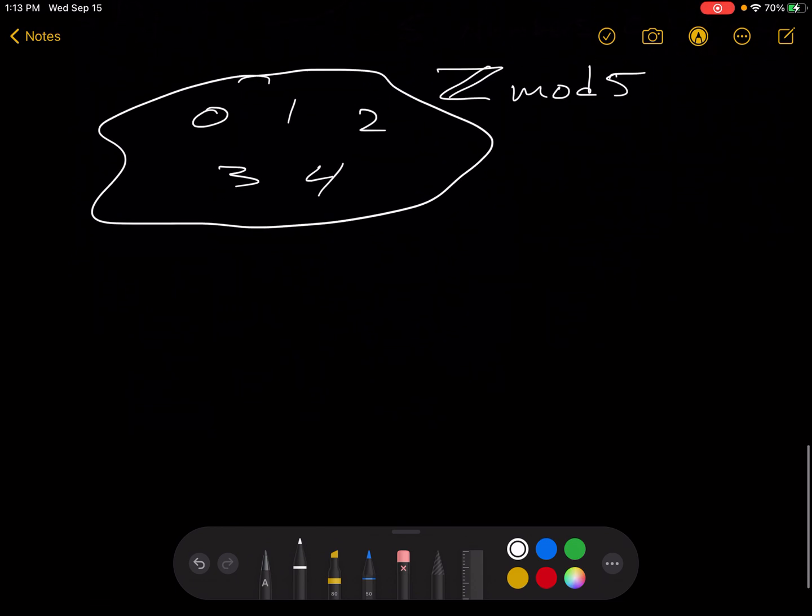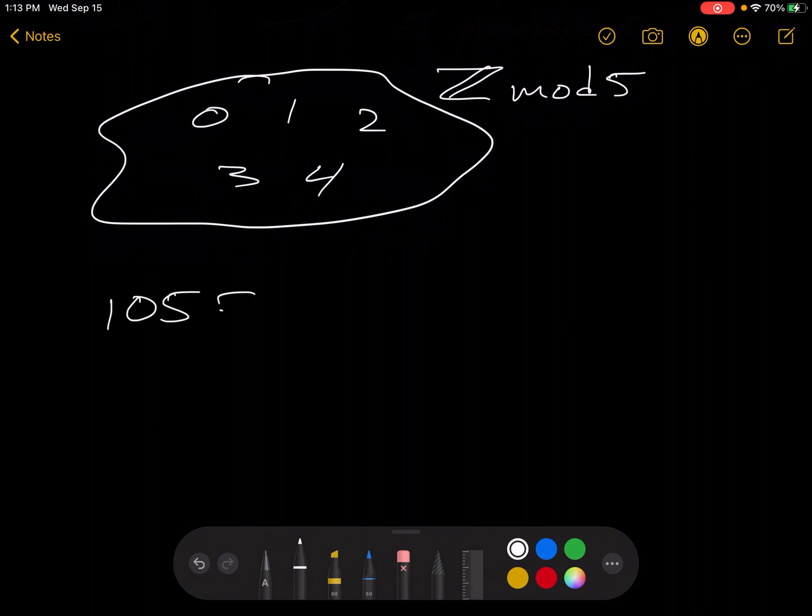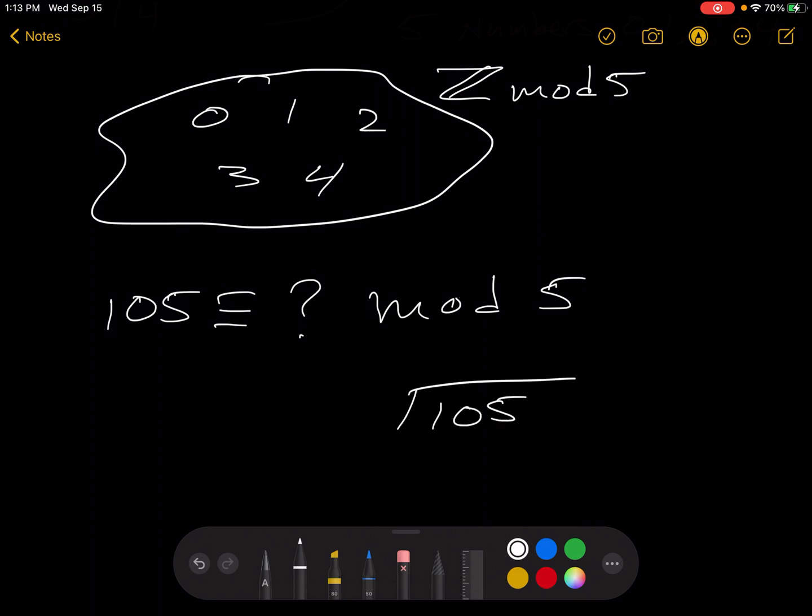And so when you have problems like this on the homework, let's see. 105 is congruent to what, mod 5? All you've got to do to get the answer is 105 divided by 5. It goes in 2 times. So you get 10, subtract, you get 0, bring down the 5. 5 goes into there 1 time. 1 times 5 is 5, subtract, you get 0.